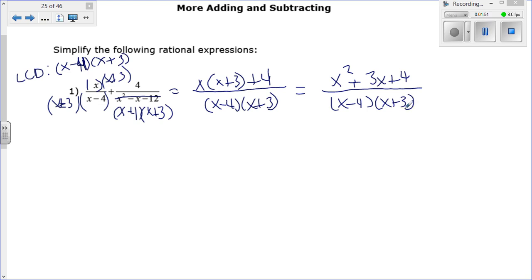Now, when I look at that, I have 4, and I have to ask myself, are there factors of 4 that add up to 3? And the answer is no, I have factors of 4 that subtract to give me 3, but not add to give me 3. So therefore, x squared plus 3x plus 4 is not factorable. So we are done.